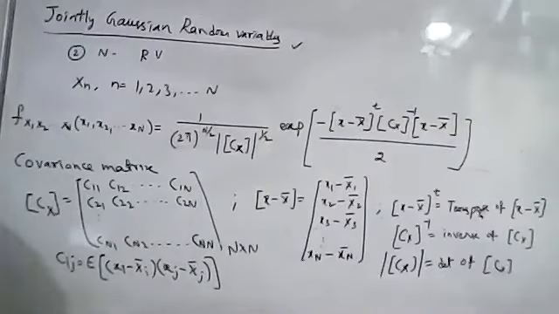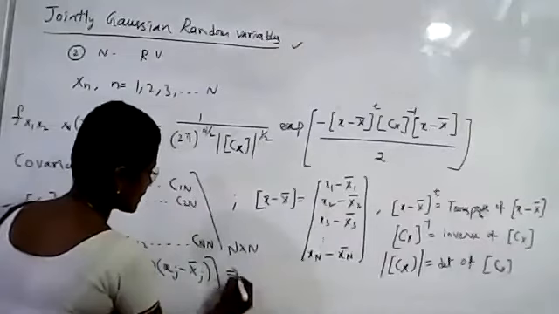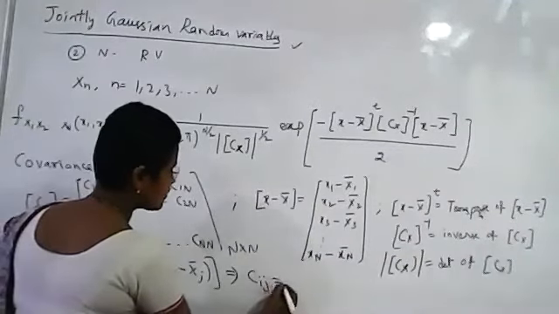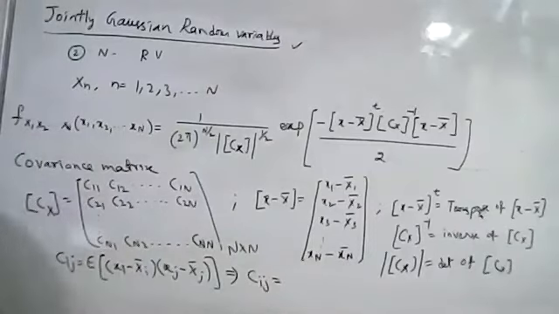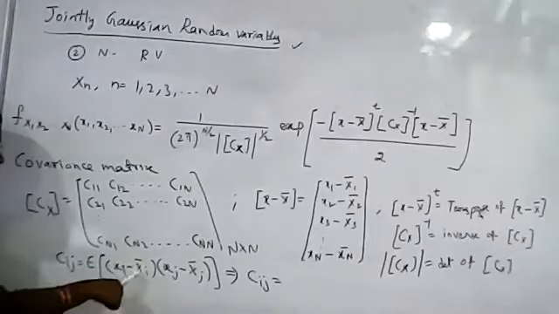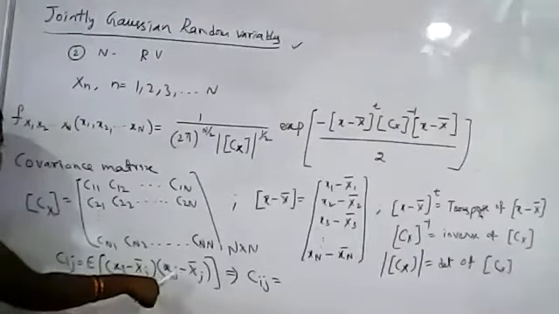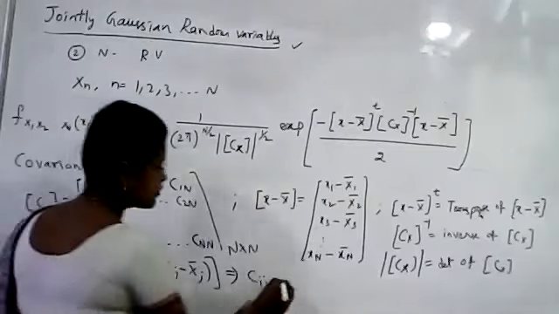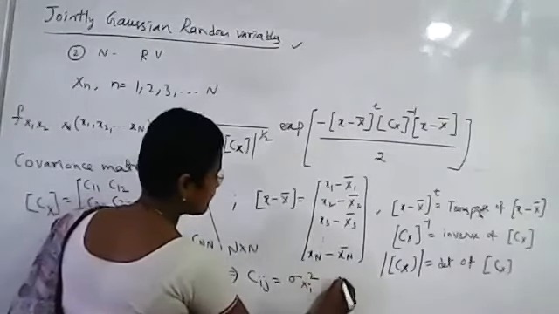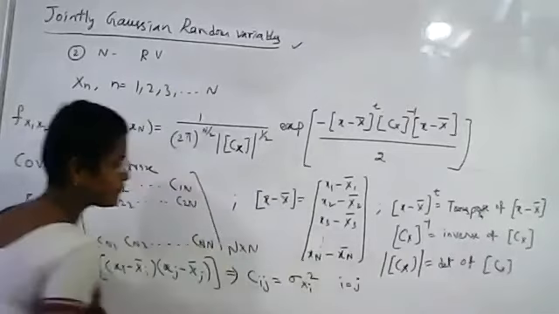Now, if i is equal to j, can you tell me what is Cij? It is (xi minus xi bar) into (xi minus xi bar), so you get sigma xi square if i is equal to j.